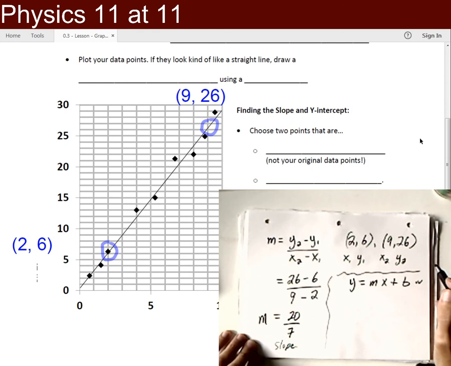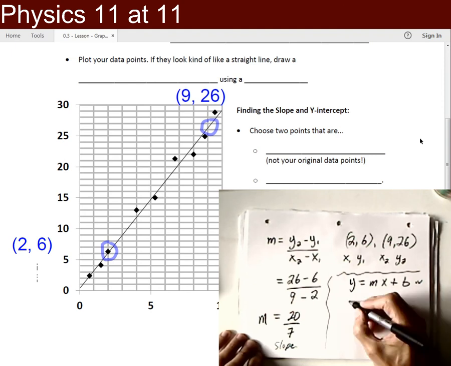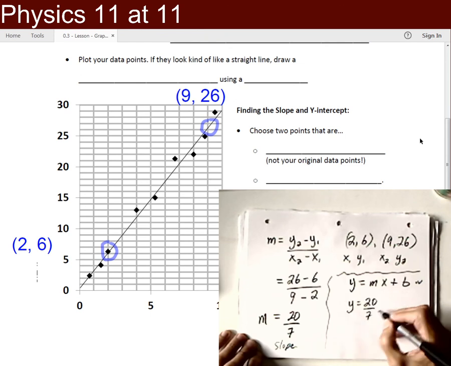So to get the line, we've got to find the slope and the y-intercept, which is what we did, or at least we got the slope. So we can improve our equation now by doing this: 20/7x plus b.